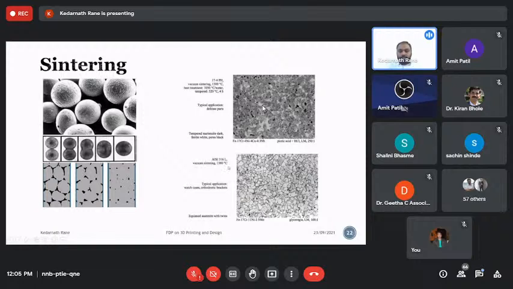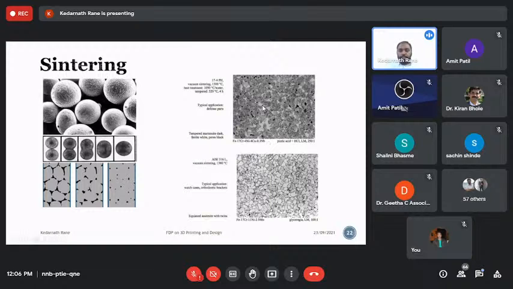Again, another very common steel, stainless steel 316L. You can see austenite and some twins and some phases involved, and it is very suitable for biomedical application as well as aesthetic applications and applications where corrosion resistance is involved.